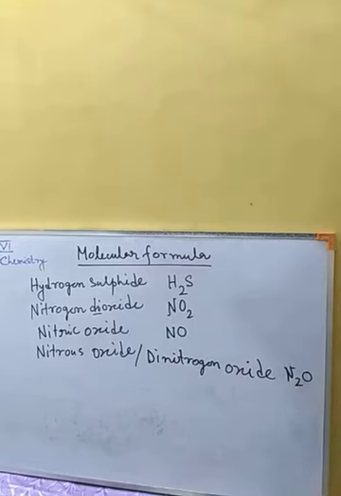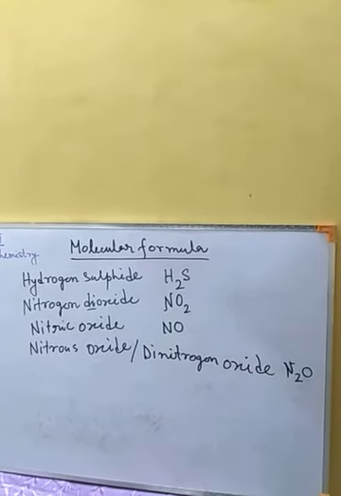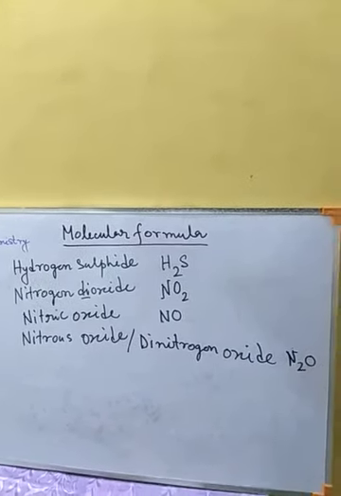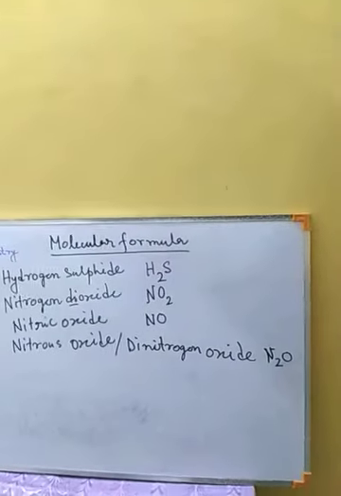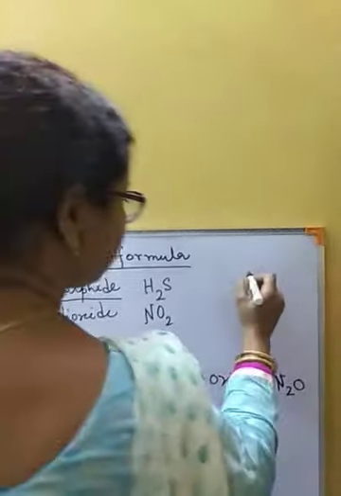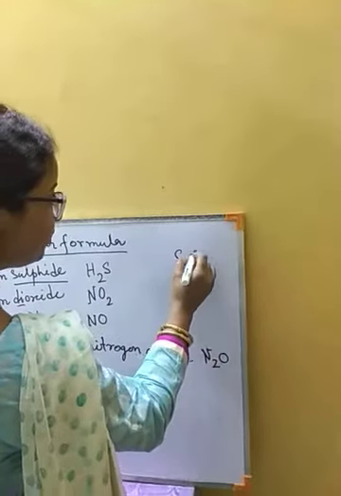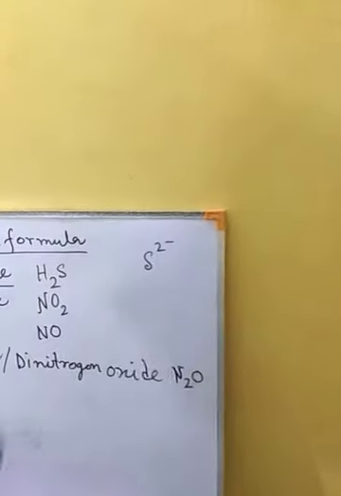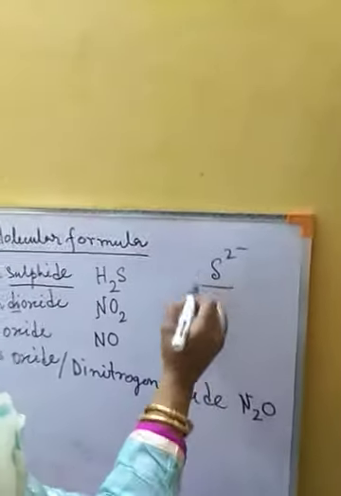N2O. Next, we will discuss some metallic oxides and metallic sulfides. Here we have sulfide. In sulfide, sulfur's valency is 2. This is the sulfide radical.